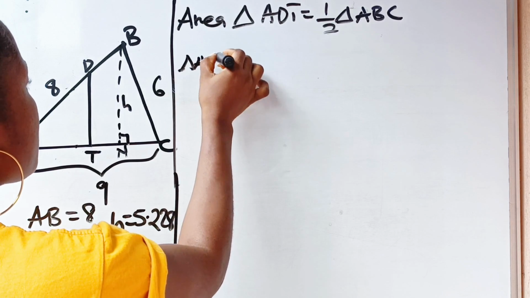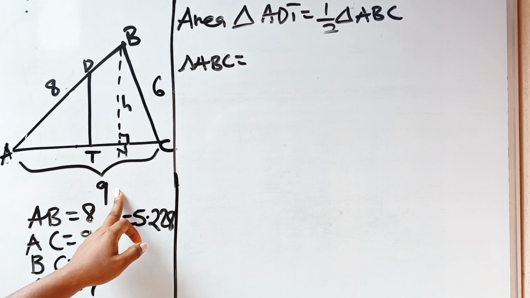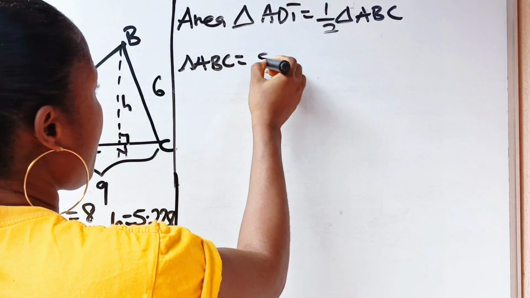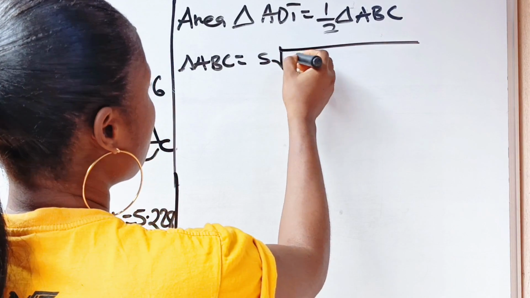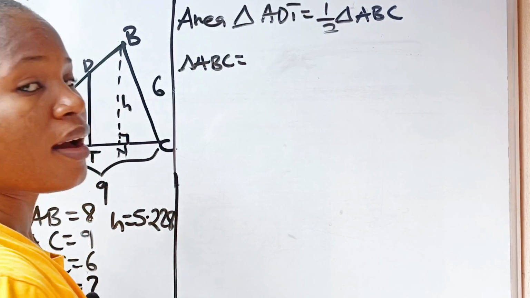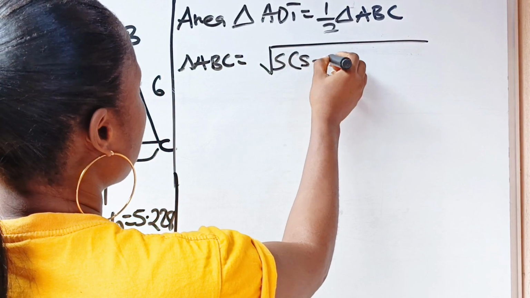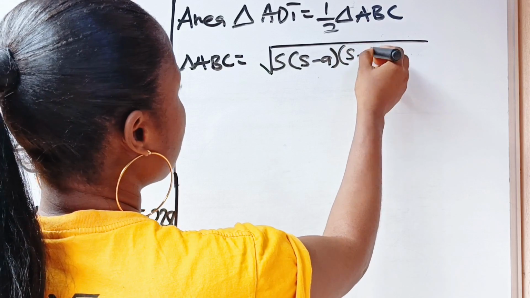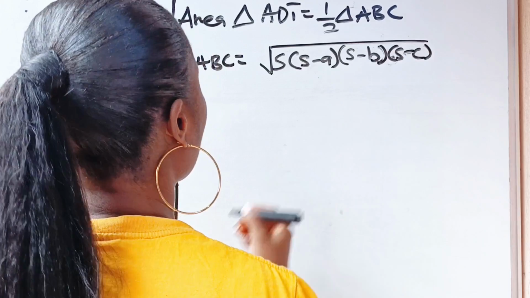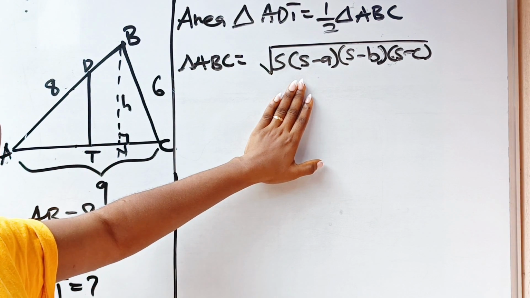Because we are given three sides, the area of triangle ABC is going to be the square root of S bracket S minus A bracket S minus B bracket S minus C. Okay, we have already gotten our S before as 11.5, right?